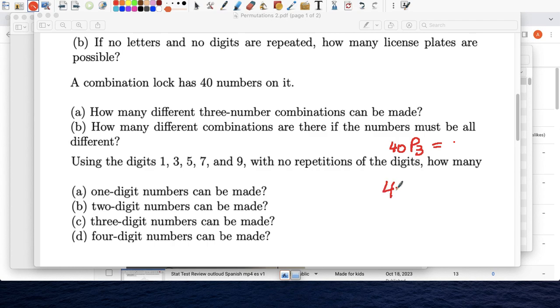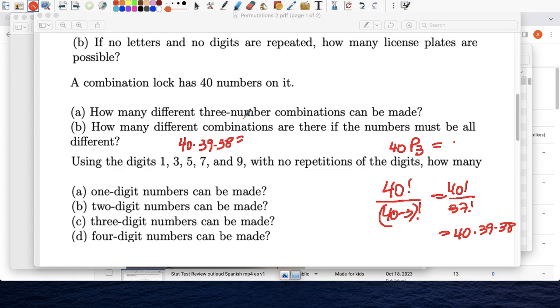So let's just do that one. 40 factorial, and at the bottom is 40 minus 3, and then take the factorial. So we're left with 40 factorial over 37 factorial. If you simplify, you're going to be left with 40 times 39 times 38.